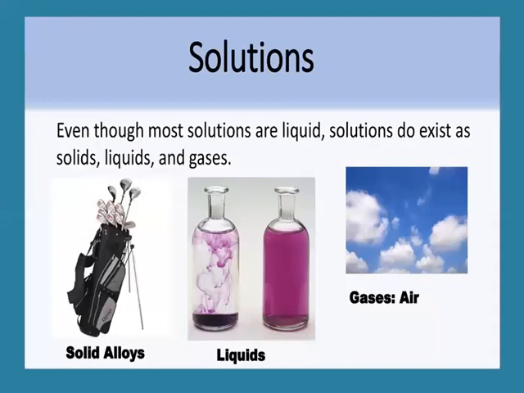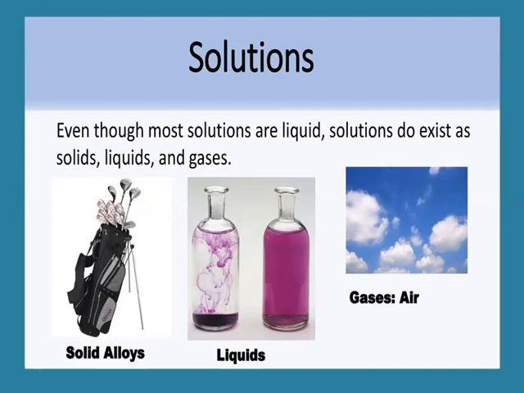Even though most solutions are liquid, solutions do exist as solids, liquids, and gases. The first one is the example of solid alloys. Brass, bronze, steel, stainless steel are alloys. An alloy is a mixture of two or more metals, or a metal and a non-metal, which cannot be separated into their components by simple physical methods.